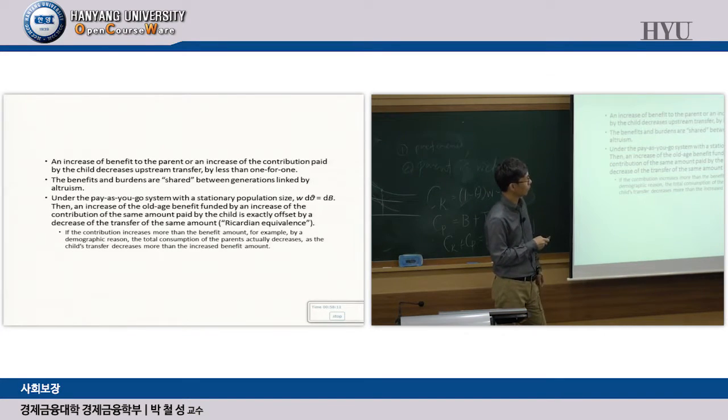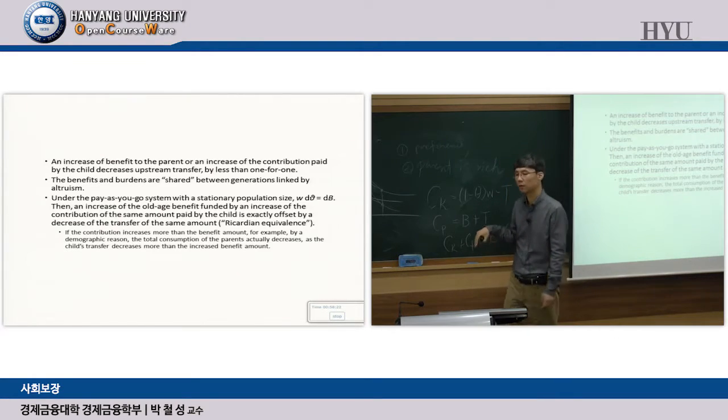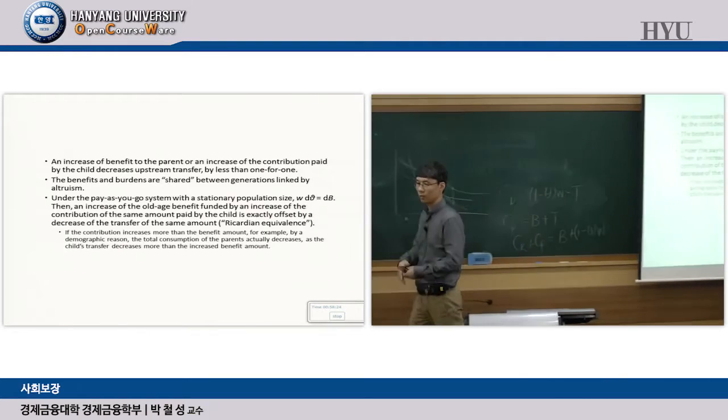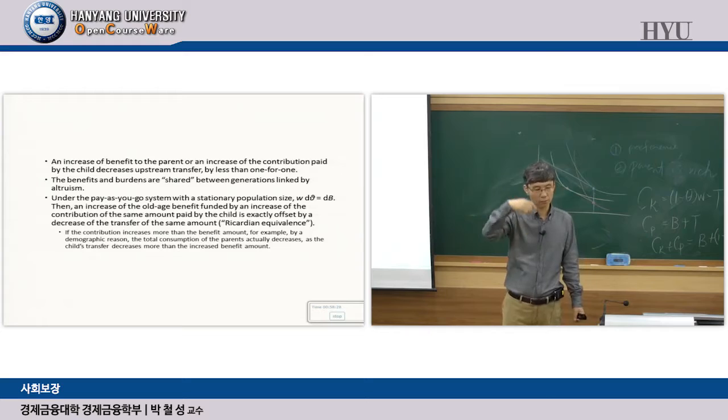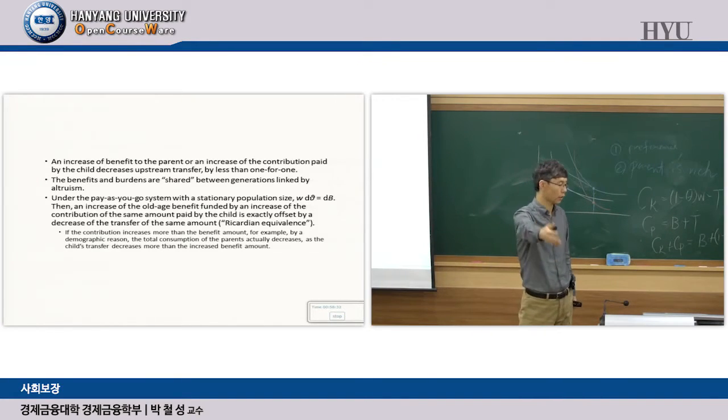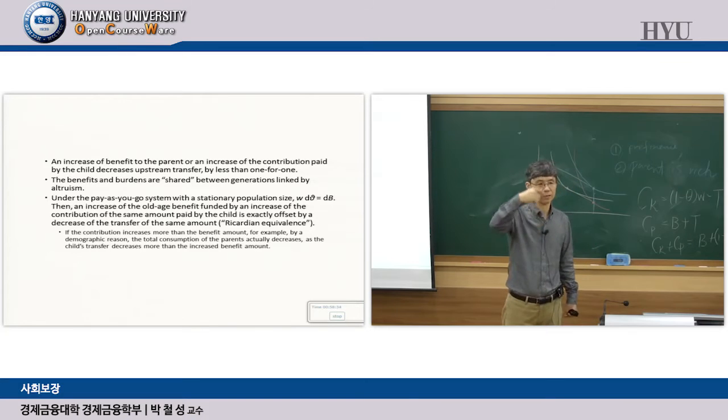An increase of the old age benefit funded by an increase of the contribution of the same amount paid by the child is exactly offset by a decrease of the transfer of the same amount. Okay? So this just means $1 more to their parents, $1 less to the child, and then the child will give $1 less to their parents.